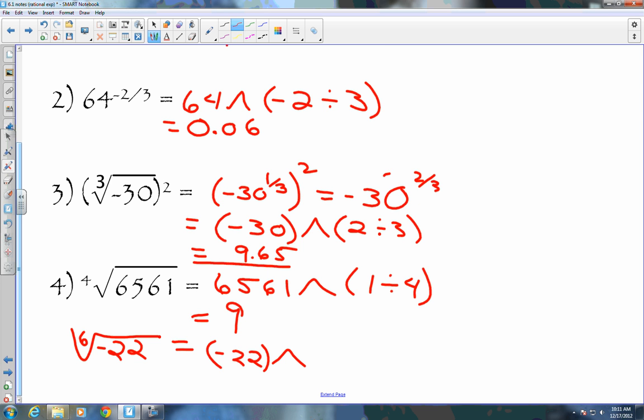So if you enter it correctly, your calculator can help you out with that. If you're finding the roots and you're taking a 4th root and you get an answer, don't forget to do plus or minus. 2nd root, 4th root, 6th root all have 2 solutions. Okay, question.